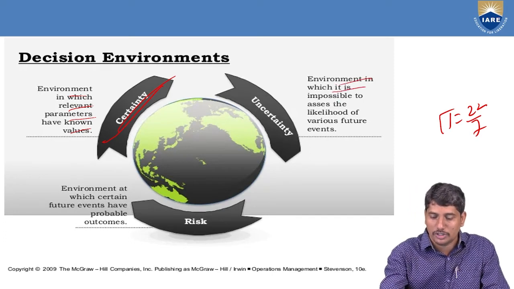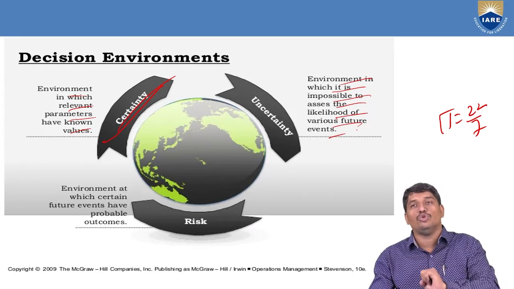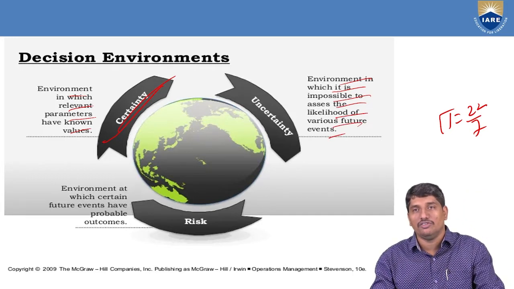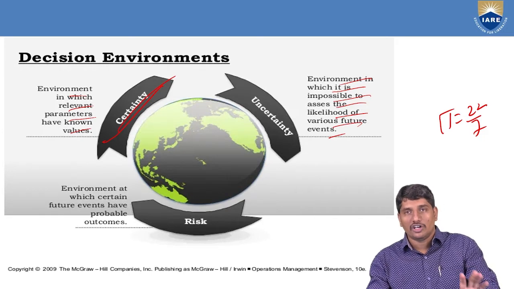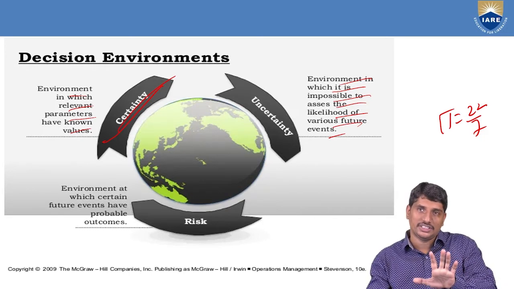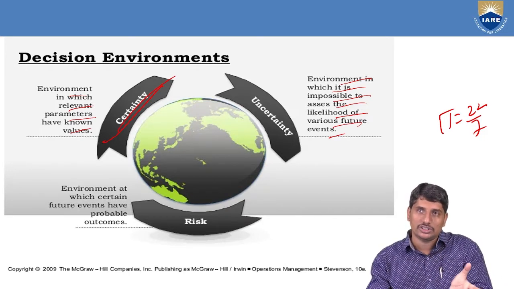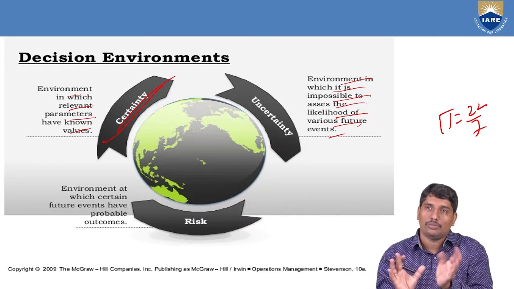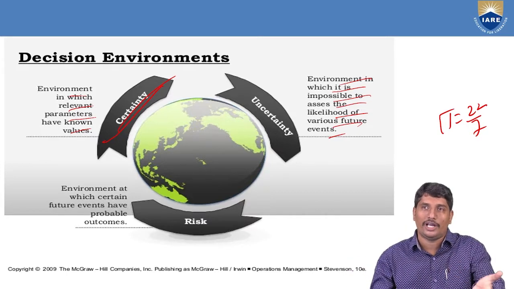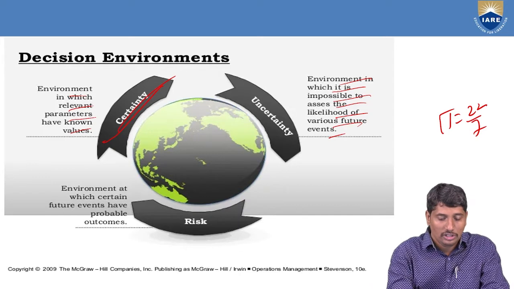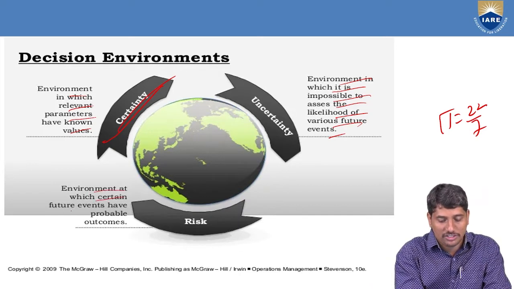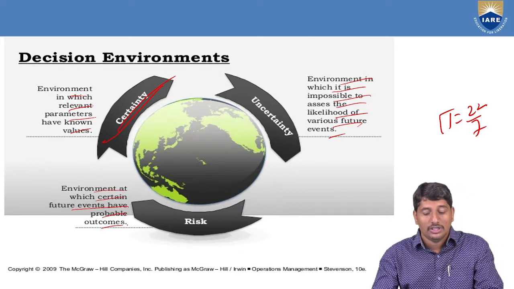Next, an environment in which it is impossible to assess the likelihood of various future events. This is the most important one. An uncertain environment is one where we cannot predict the results correctly in advance. We have different choices, but we are uncertain about what is exactly going to happen in the future. And an environment in which certain future events have probable outcomes means risk.